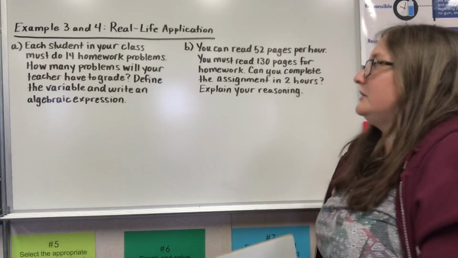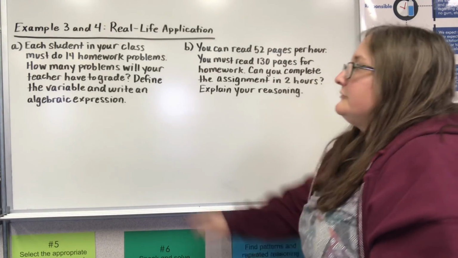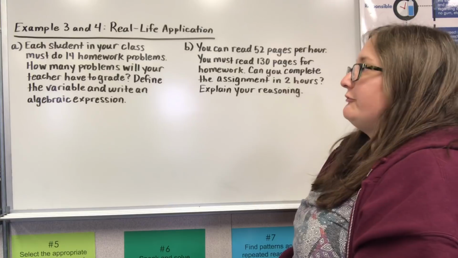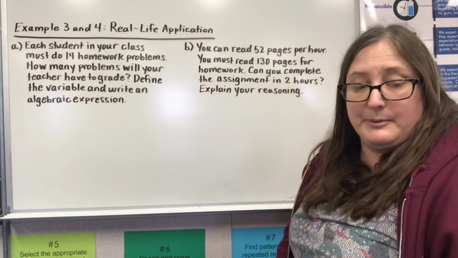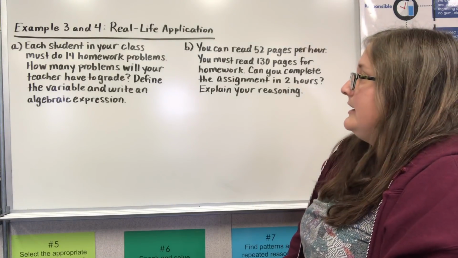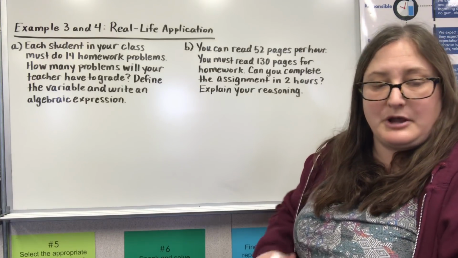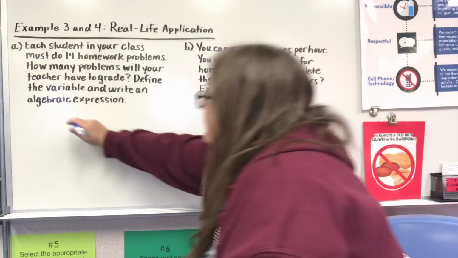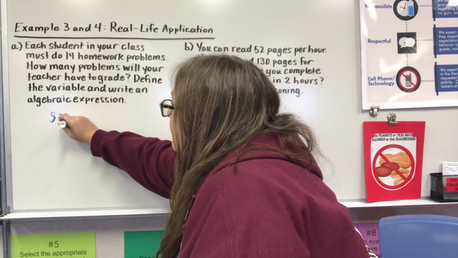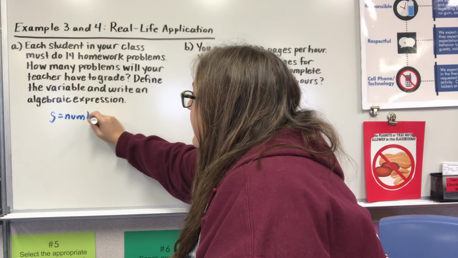Lastly, let's look at some real-life applications. So let's say each student in your class had to do 14 homework problems. How many problems will your teacher have to grade? They're asking us to define our variable and write an algebraic expression. So I'm going to use S. And S is going to stand for the number of students in my class.